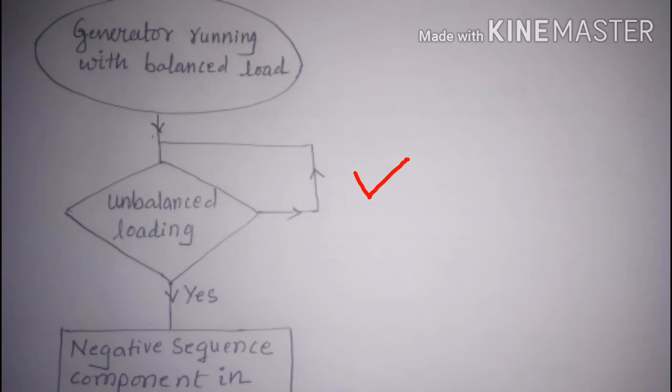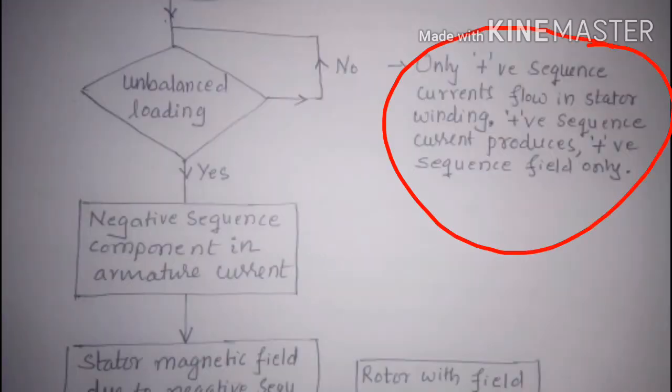When alternator terminals are connected to the balanced load, only the positive sequence currents flow in the stator winding. Due to this positive sequence current, the stator winding produces rotating magnetic field which rotates at synchronous speed.